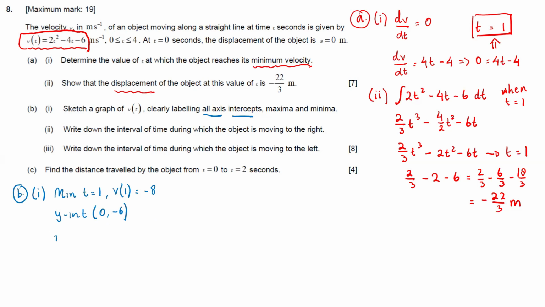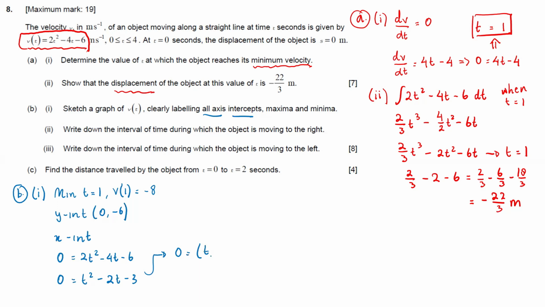And then we can find the x-intercept, when y equals 0, meaning we will have 0 equals 2t squared minus 4t minus 6. I'll take out the 2 first, so 0 equals t squared minus 2t minus 3.